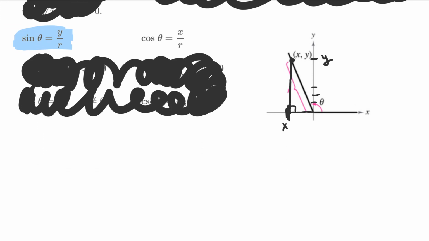On this right triangle, this is the radius. The y value is the height, how far it is from here to here. So that side on the left, we could say this is y.